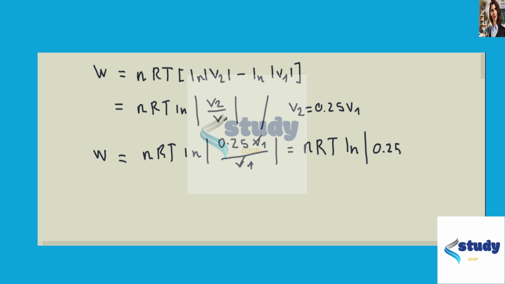So this is going to be negative. We see that the argument of the natural logarithm is less than 1, between 0 and 1, so it's a decimal number. So immediately we know that the natural logarithm function will give a negative output, and the work will be negative as well.